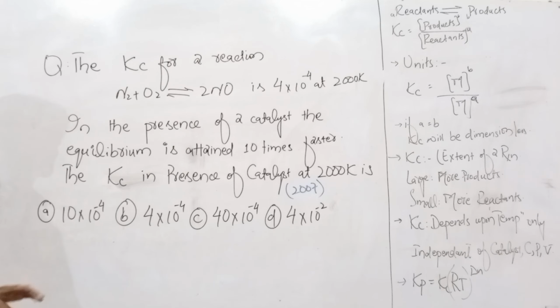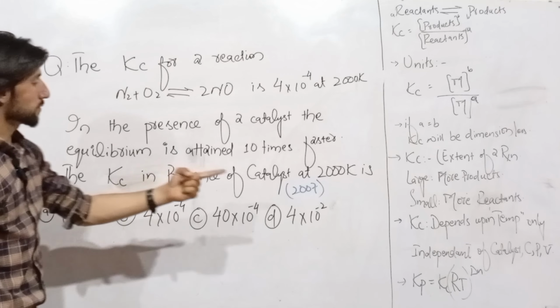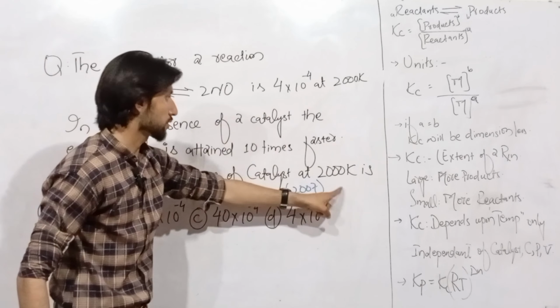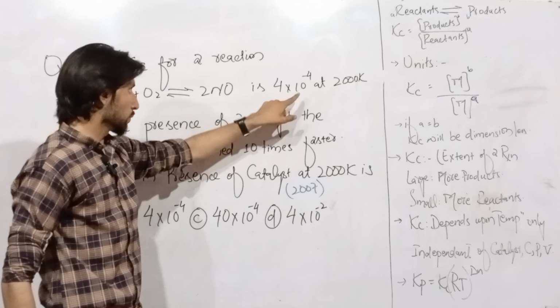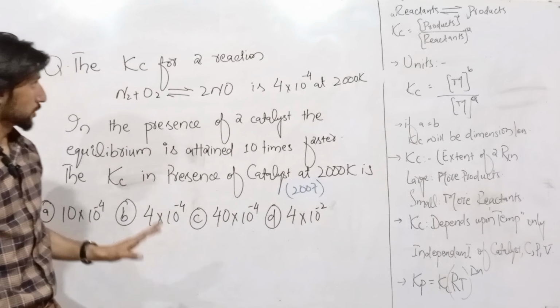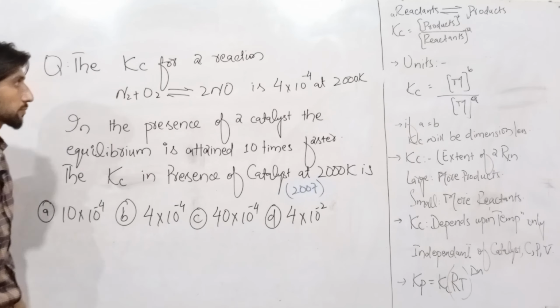So a catalyst was introduced into the reaction chamber, and the equilibrium was attained 10 times faster than without the catalyst. So the Kc in the presence of a catalyst at 2000 Kelvin is, again the temperature is not changed, and we are asked whether there would be any change in the value of Kc.